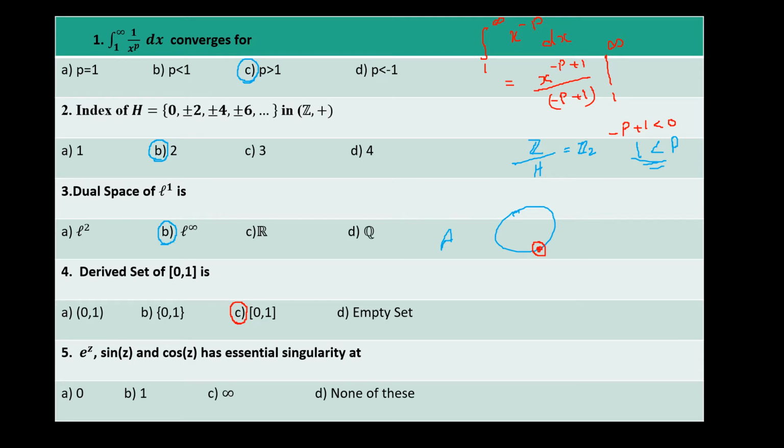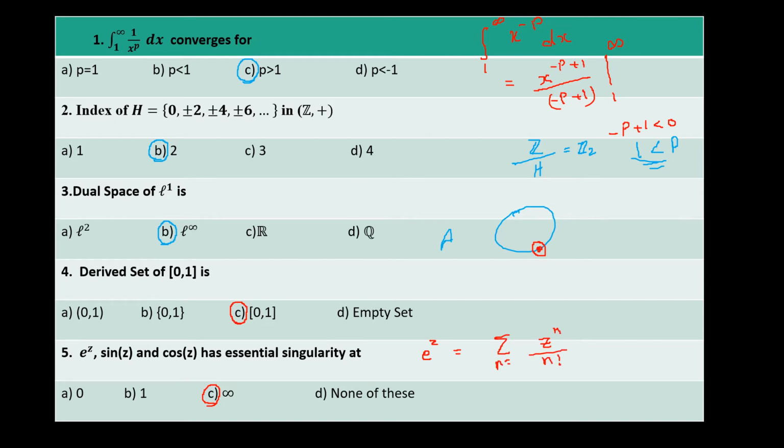And here it is about the essential singularity of these functions. As we know, the exponential function is entire, and it has an essential singularity at infinity. We can use the fact that e raised to power z equals the summation of z raised to power n over n factorial.